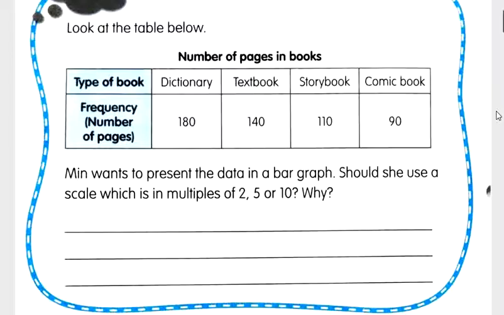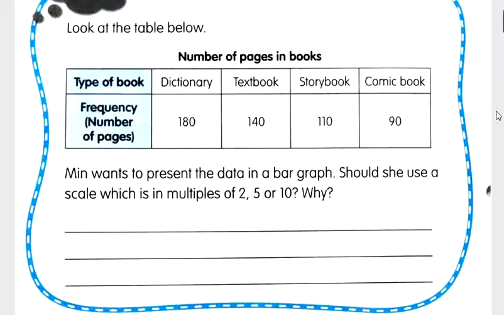Okay, write this up. She should use a scale in multiples of 10 because the number of pages given are in multiples of 10.